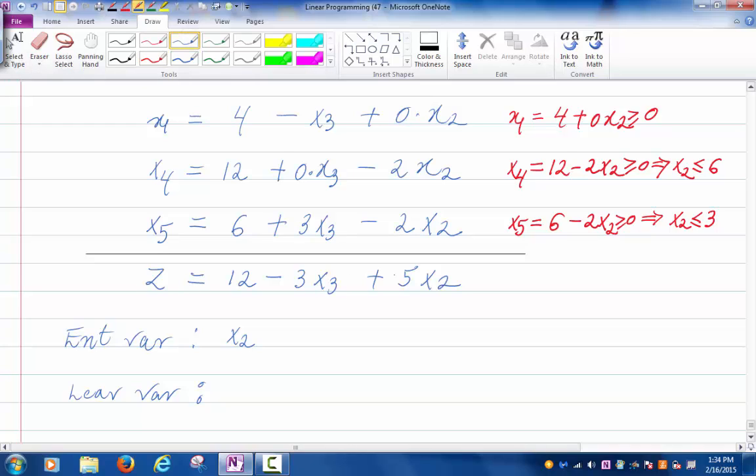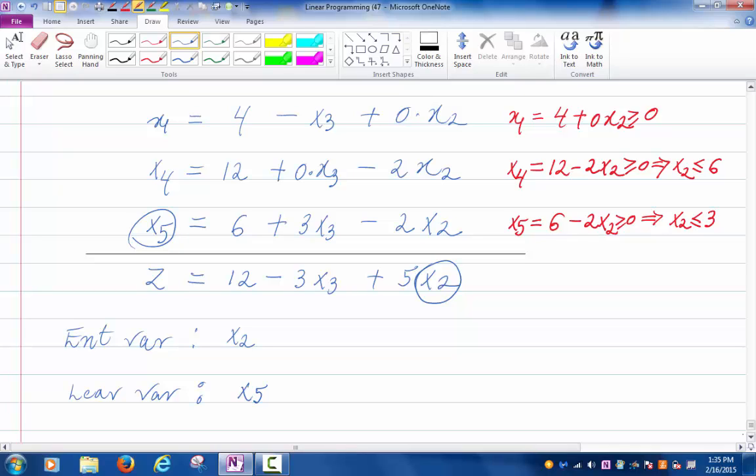I picked x2 to be the entering variable. What's the leaving? x5. So x5 would be the leaving. Alright, so once I have that, now I have to do pivoting and come up with the next dictionary. Again, what should I do? I should go to the equation for which variable?